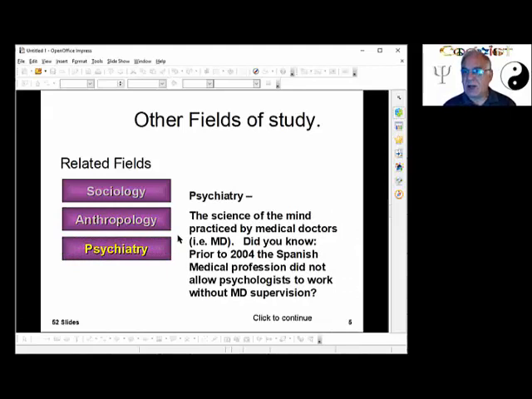Psychiatry and psychology are two very different things. Psychiatry is the practice of medical doctors. You have to be a trained medical doctor first, then you can train yourself in psychology and become a psychiatrist. But the idea that psychiatrists have is that everything is a medical problem.